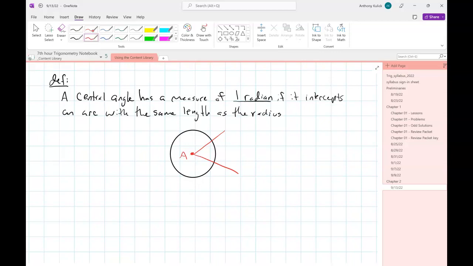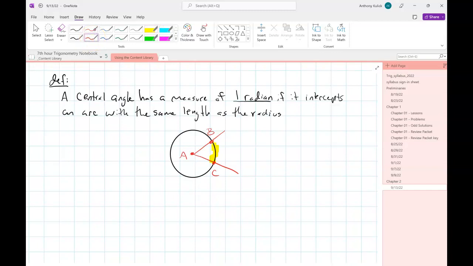It says it's going to intercept an arc. What is an arc? It's part of the perimeter of a circle. So if I called this point B and this point C, we'd say that arc BC is that. Everybody's okay with that?